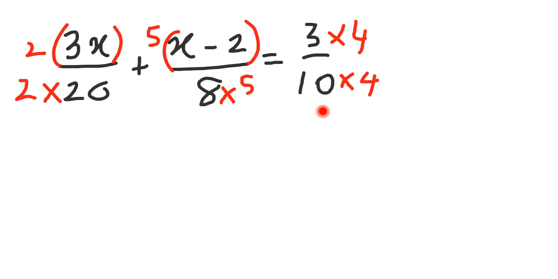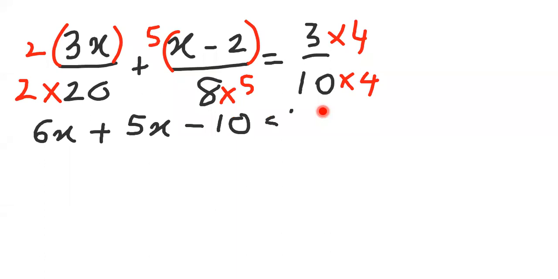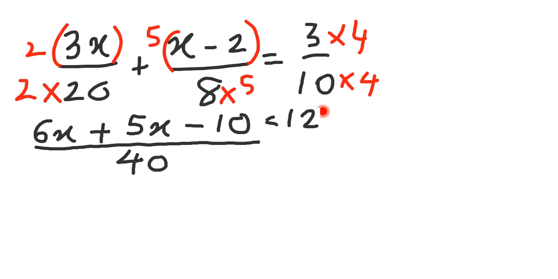We'll write down the result: 6x plus 5 times x, 5x, plus 5 into minus 2, minus 10, equal 12. The denominator is common, 40. Here also 40. Now I can see these are like terms. 6 plus 5 is 11x minus 10.